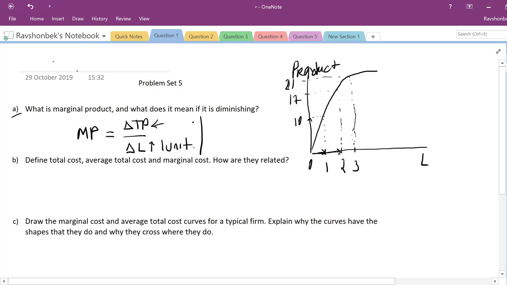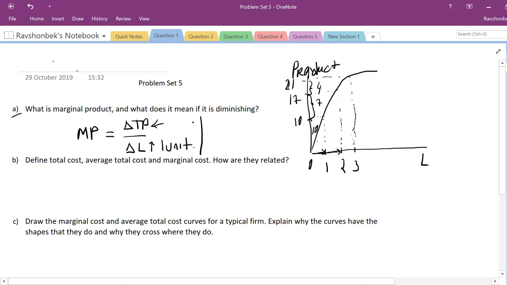When we added the second person, together they made 17 units. The difference between total products is the marginal product of the next person, so that is 7 here, and this is 10. When we added the third person, together they made 21 units, and the marginal product is the difference between 21 and 17, which is 4.